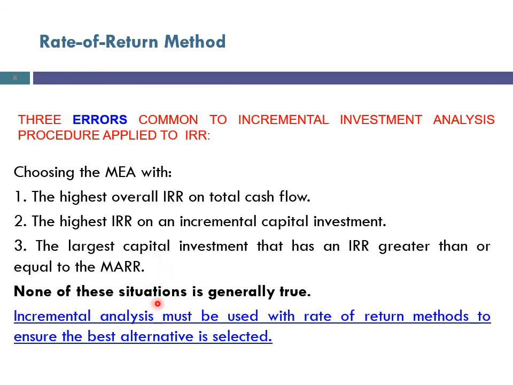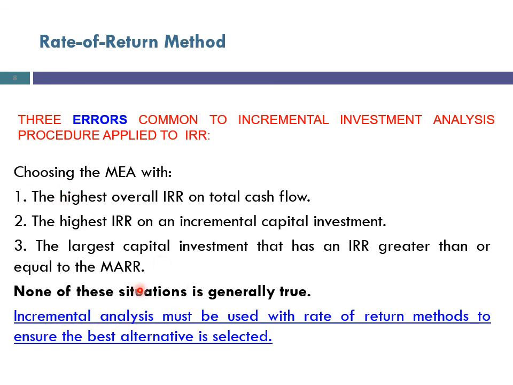So none of these situations is generally true. We have to implement this incremental analysis so that we come up with the best decision at the end. When you are using rate of return, don't fall into one of these three situations.